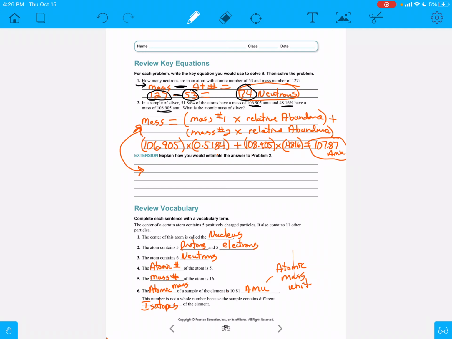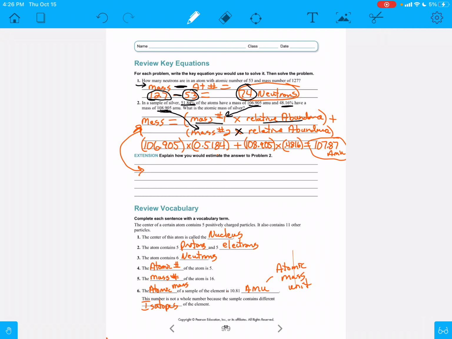Well, we're going to take mass number 1, which would be this 106.95, okay, times the relative abundance for that, the 51.84, plus mass number 2, which would be this guy right here, times the relative abundance of it, which is 48.16. And we're going to put those together down here, 106.905 times 0.5184.